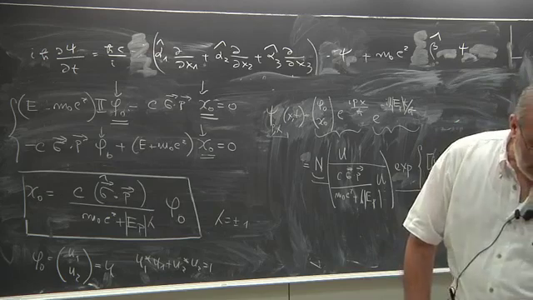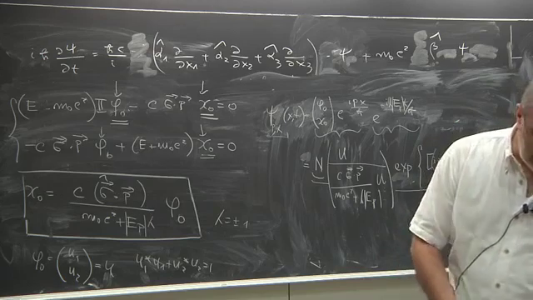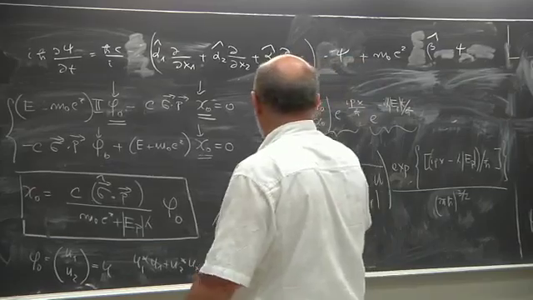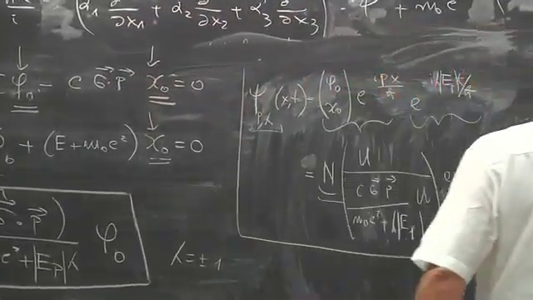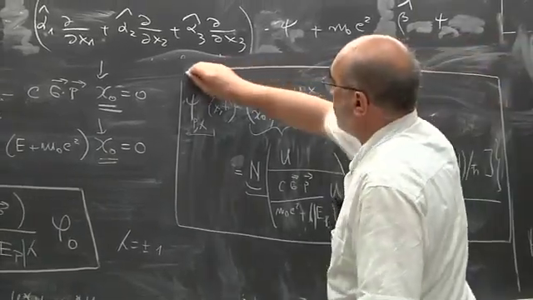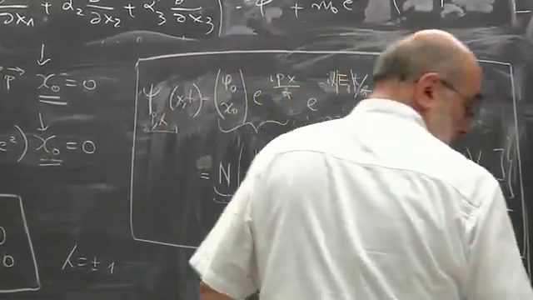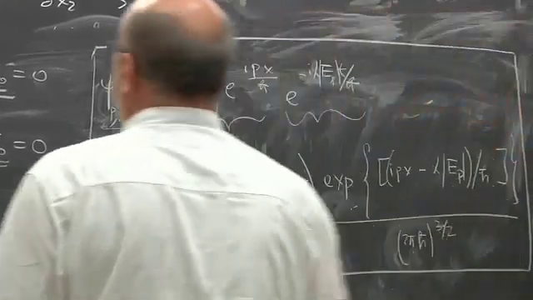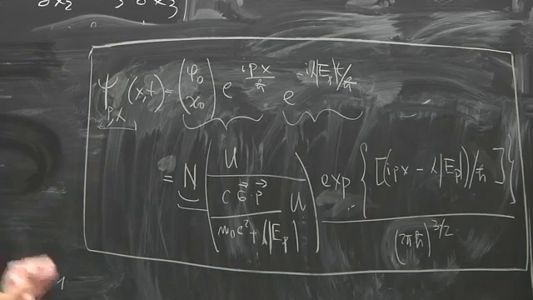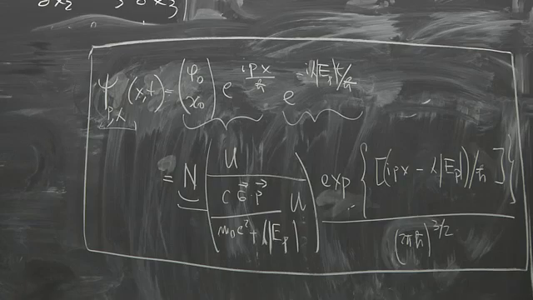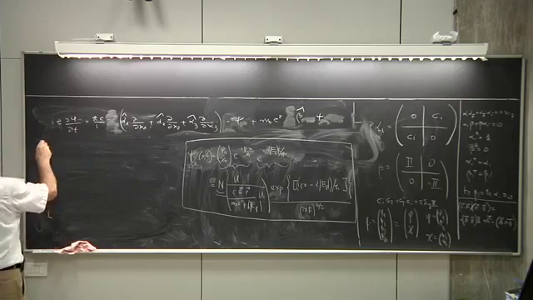Good. Now, let's find n. So this is the solution. Now I want to normalize these things, and I want to find n. Well, what does it mean to normalize?